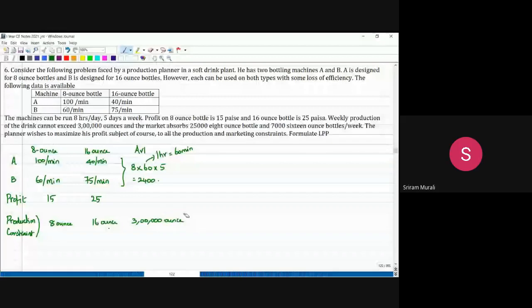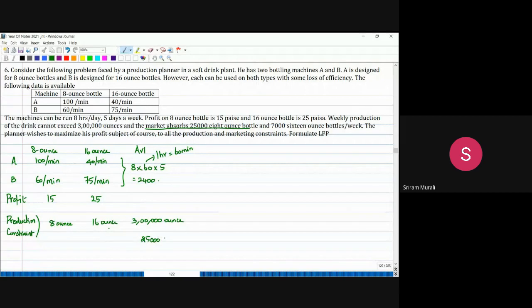What are the last two constraints? The marketing constraints. The market can absorb only 25,000 8 ounce bottles. Minimum or maximum? Demand means it is minimum.